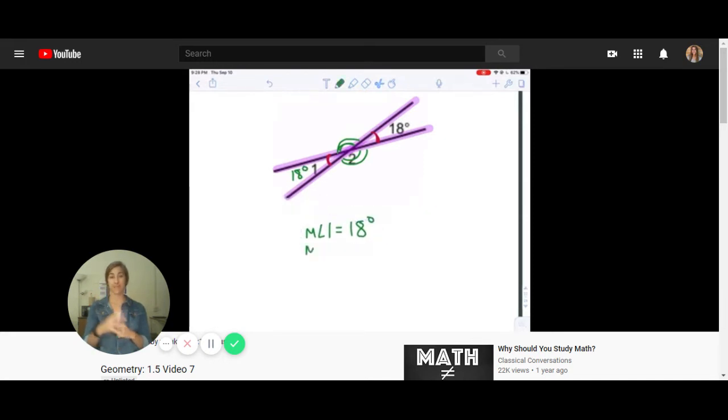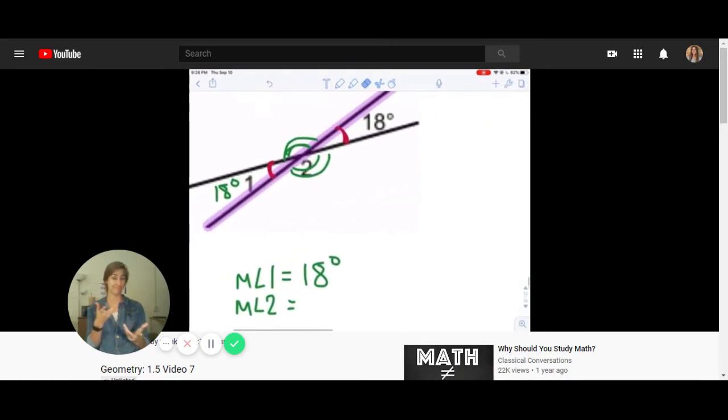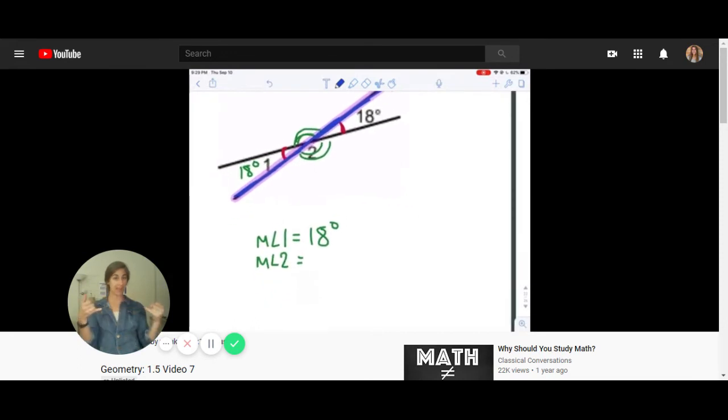And somehow we have to find the measure of angle 2. Now, what's cool is that this 18-degree angle and angle 2 together make a straight line. So this is a straight angle.